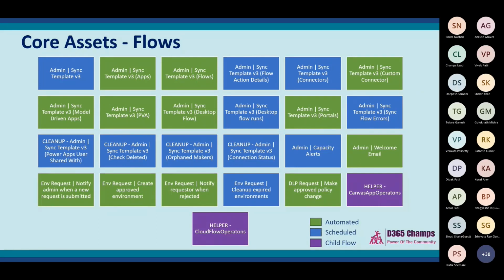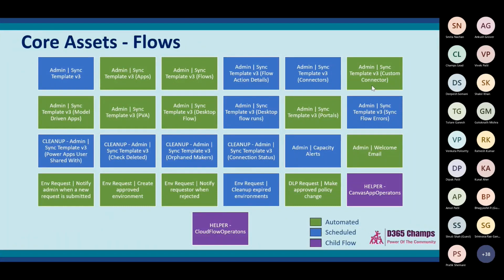So here again we have those flows, and a few of the flows are automated flows, a few are scheduled, as well as child flows. Again, we don't have time to go through all of those, but quickly, we have a main flow, which is this Sync Template v3, which will clean up your entire tables, and then it will make your tables available for all of the other flows that you see in the green boxes.